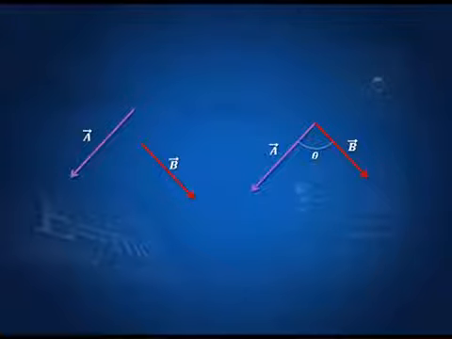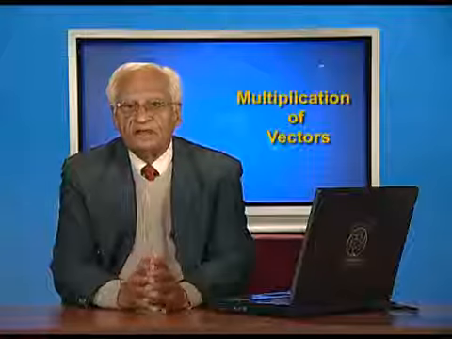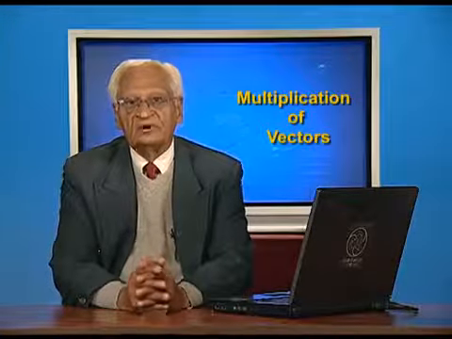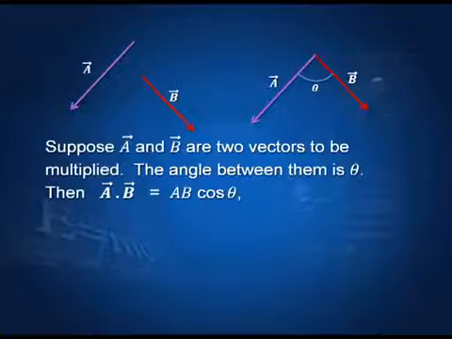Let us see how we do it. We have two vectors here, vector A and vector B. So, how do we multiply them? We join first of all vector A and vector B and find the angle between them. Suppose this angle is theta.